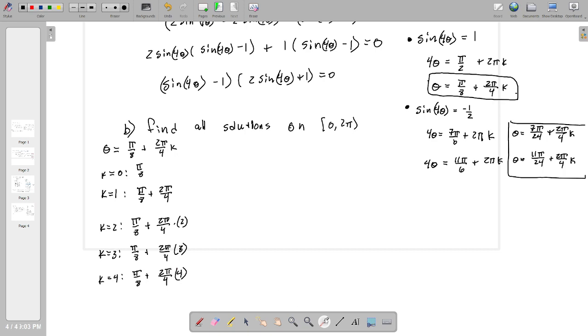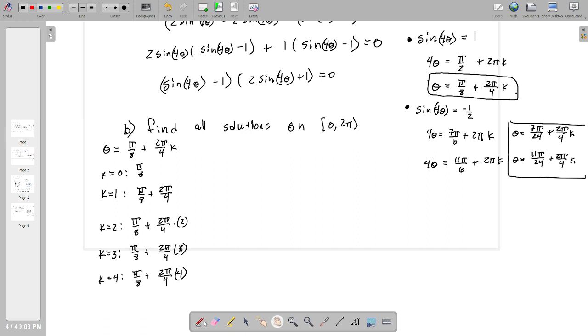Now, because we only want the values between 0 and 2 pi, what we're looking for is when do these values stop being between 0 and 2 pi? Well, it will be listed in the number of angles that you have. We have a 4 theta, so we actually only need 4 k values, 0, 1, 2, and 3. I want you to see this. I wrote 4 out on purpose.